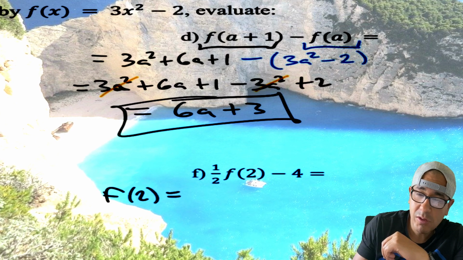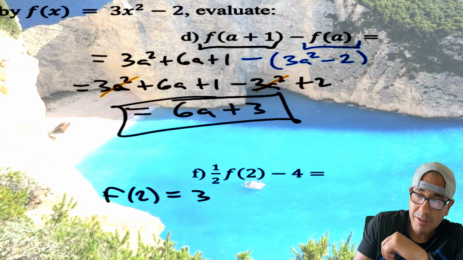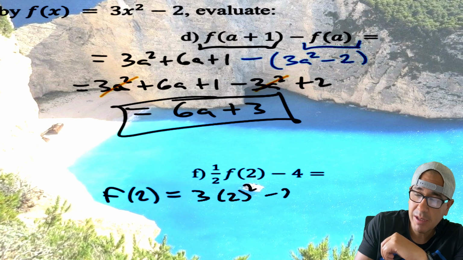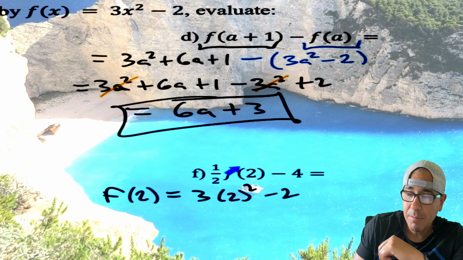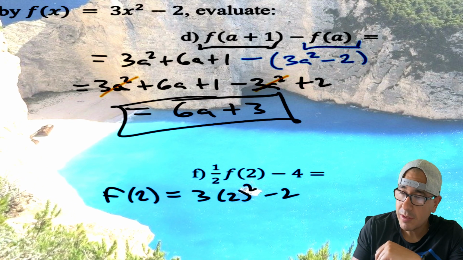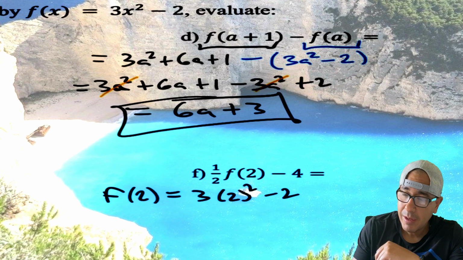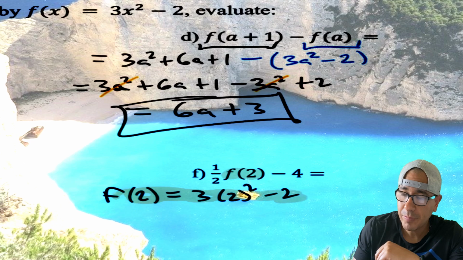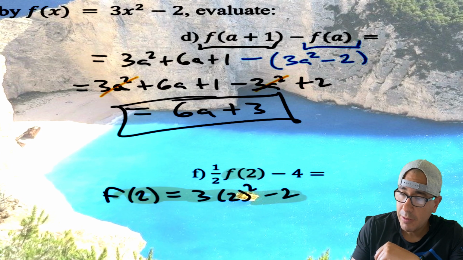So f of 2, right, wherever I see x in the original function, all I'm doing is I'm plugging in 2. Notice I'm ignoring all this extra busy work here. The only thing I'm focusing on, let me highlight it for you, is I'm just focusing on this. That's all I'm focusing on right now. All right, so let's continue.